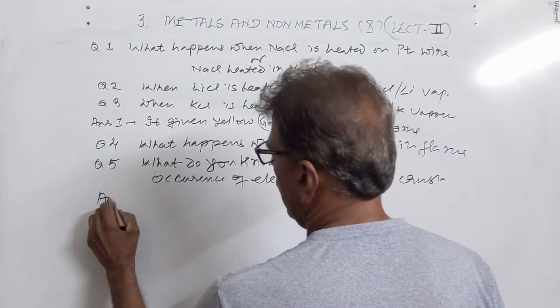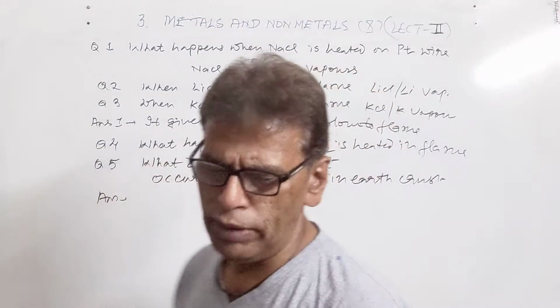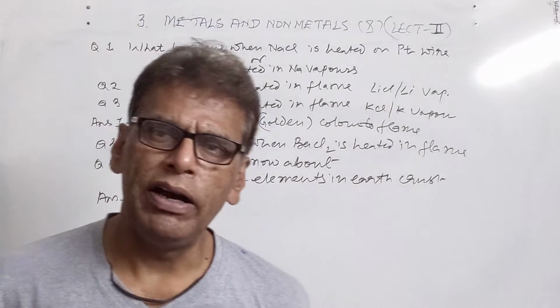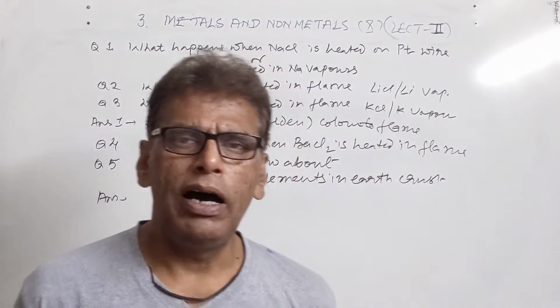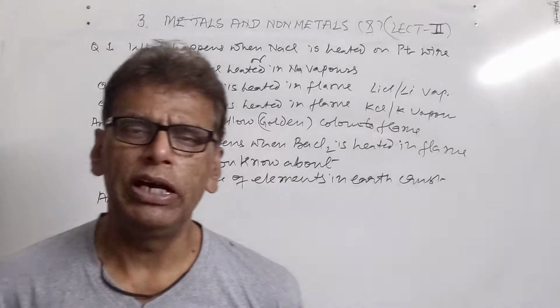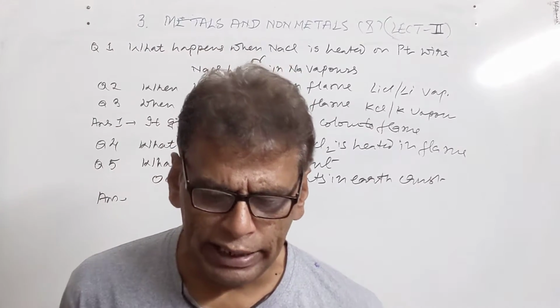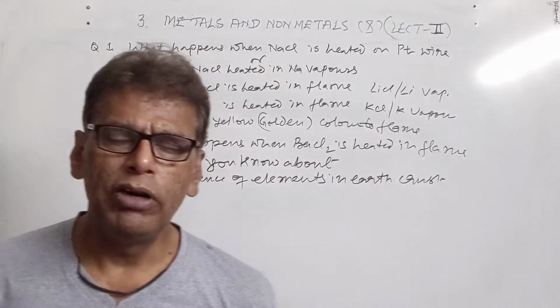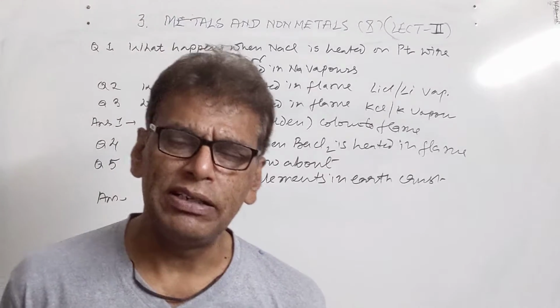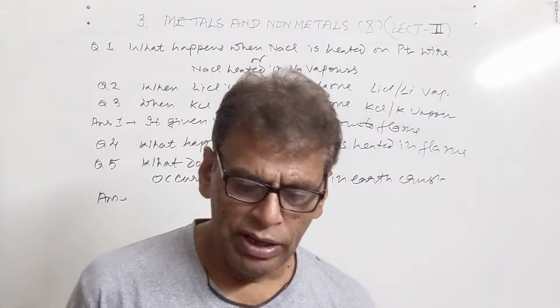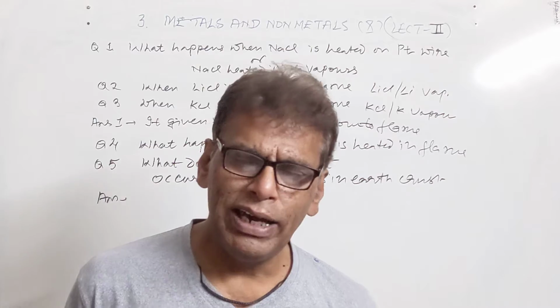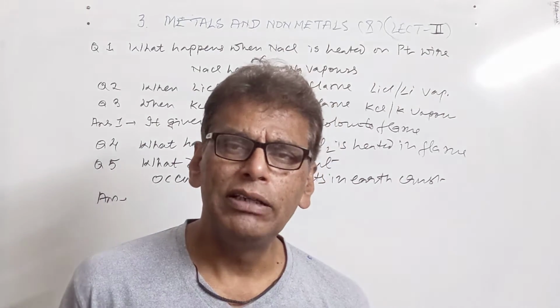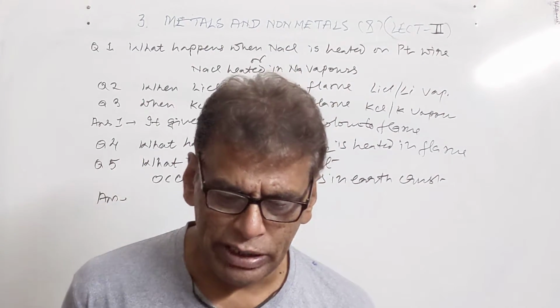Metals are actually of three types. Metals which have high reactivity come above hydrogen in the activity series. Then metals with moderate reactivity are present just above hydrogen in the activity series. Then we have the least reactive metals, which lie below hydrogen in the activity series.